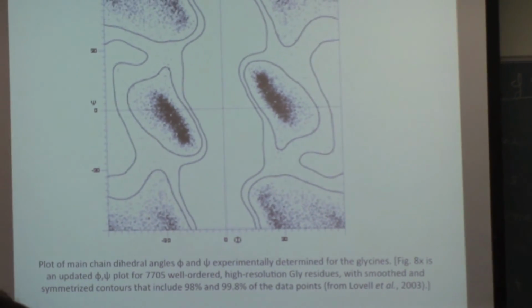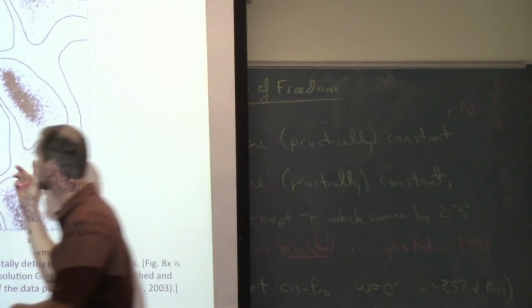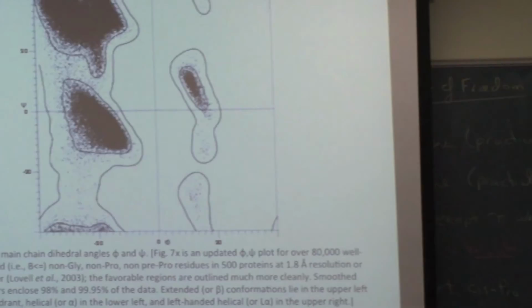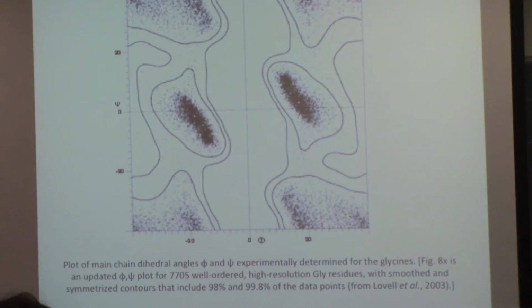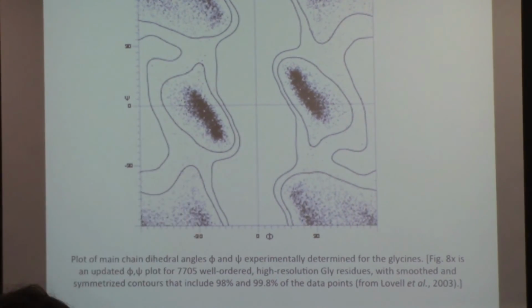There's always a particular stereochemistry to this alpha carbon, and that stereochemistry breaks symmetry, so you only have this asymmetric diagram. But here it's symmetric, so the left and right should be the same. You should be able to take phi negative and psi negative and get the same result.